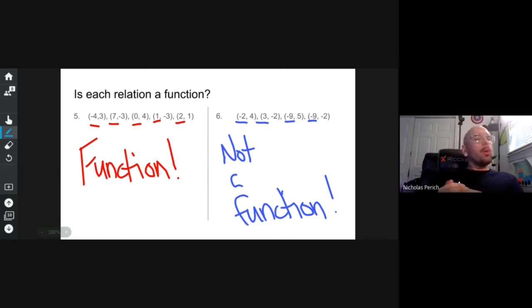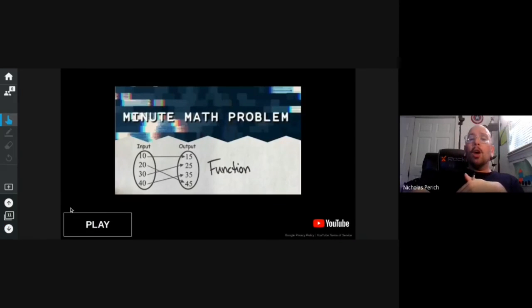If I were to go to a soda machine and put in $1, and by putting in $1, I get out 2 different things, that's not supposed to happen. My machine is not functioning correctly. It'll make more sense when I do the mapping diagram stuff, which is what the video that I meant to show you earlier. Let me mute.